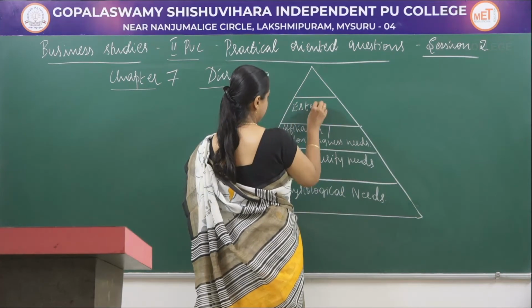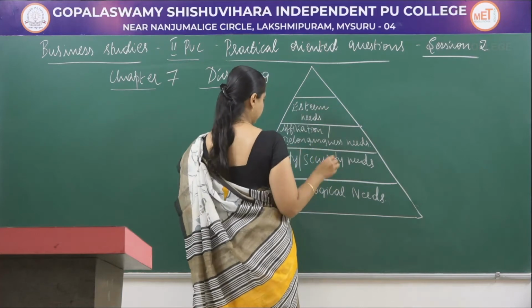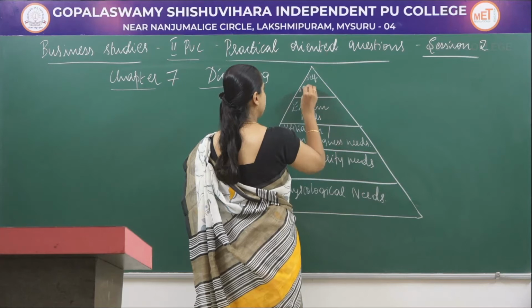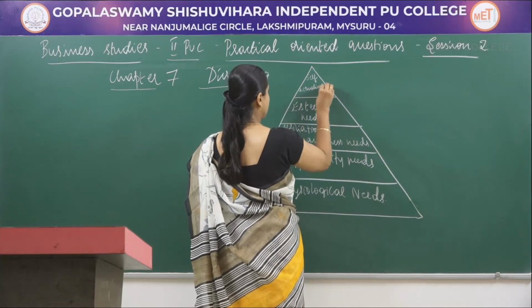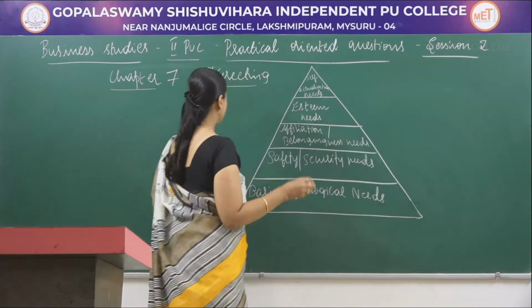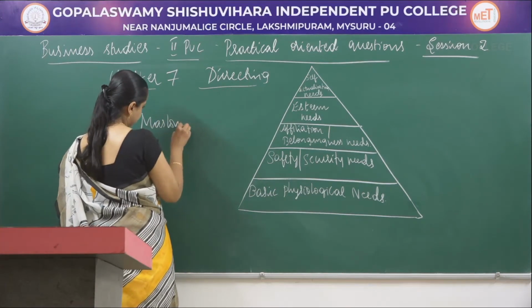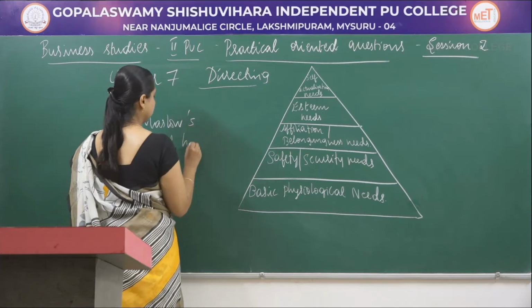Fourth one is esteem needs. And fifth one is self-actualization needs. So this triangular diagram shows the Maslow's need hierarchy.